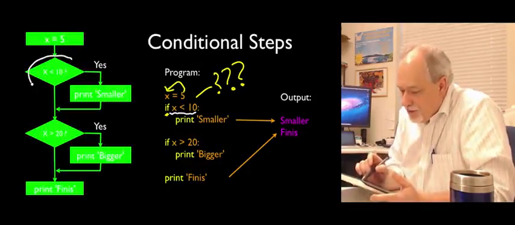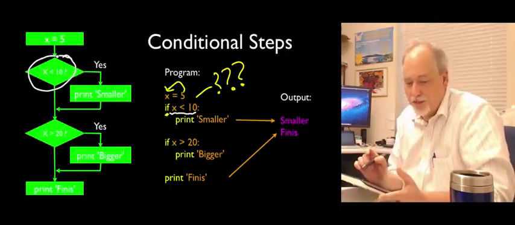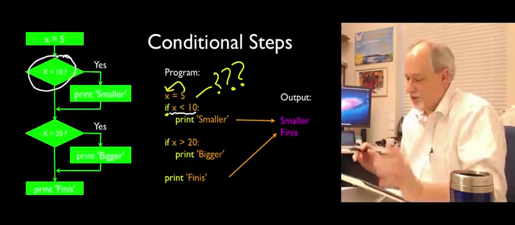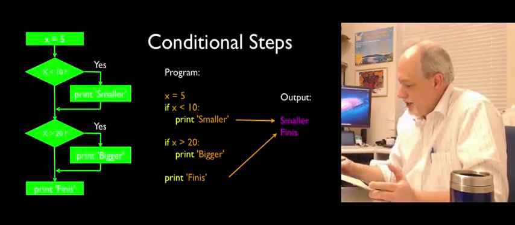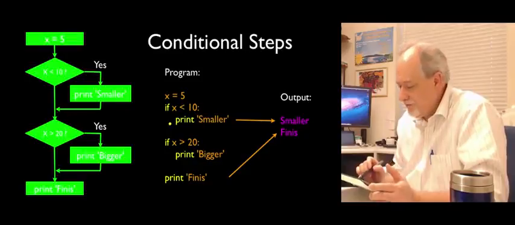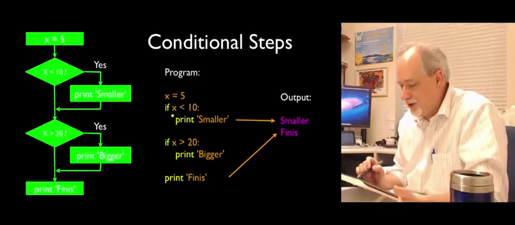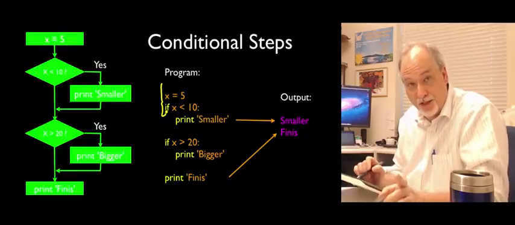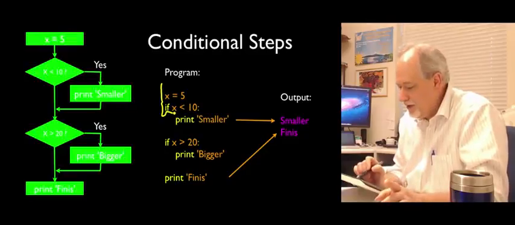And you'll notice when I'm doing the same thing over here, I put a question mark there. Is x less than 10? Yes or no? It's a question that has a yes or no. And so the way this works is this statement that's indented after the if is either executed or not executed based on the result of that question. The way to read this in English is set x to 5. If x is less than 10, which it is because x is 5, then we're going to execute this.